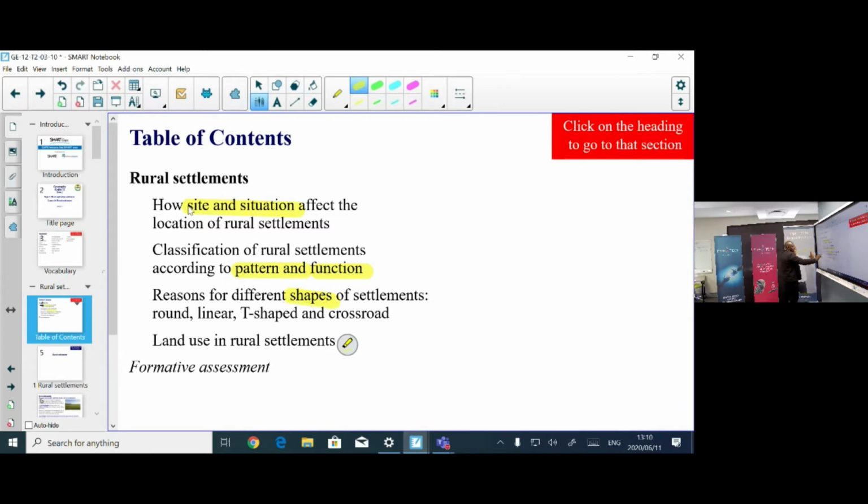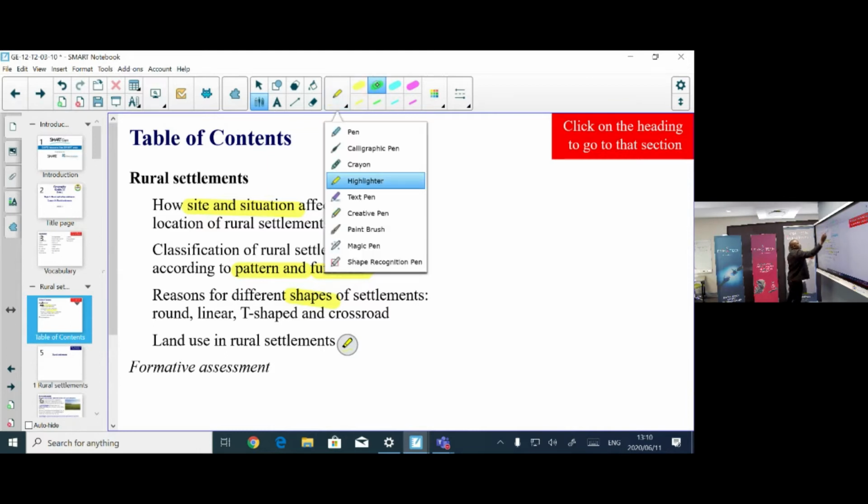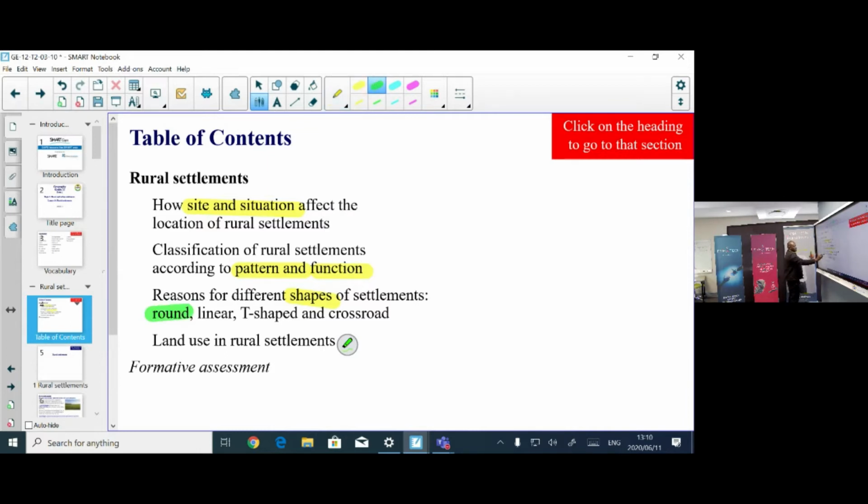We have got settlements that are round, we have linear, T-shaped, and we have got crossroad. So these are the types or the shapes of settlements that we are going to be looking at, and they are in illustrations, and we're going to all see clearly what we mean by those terms.